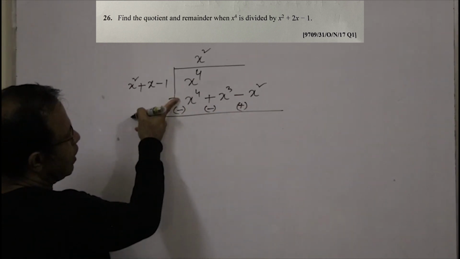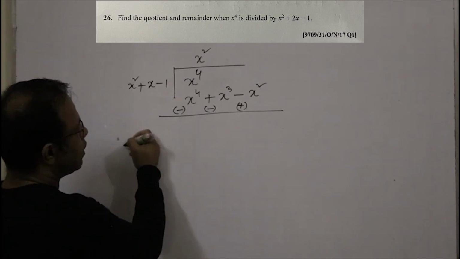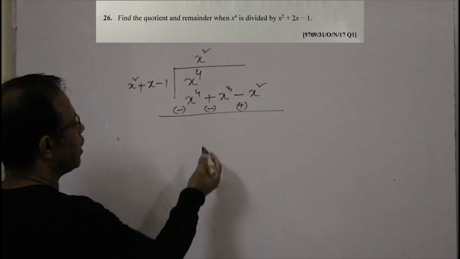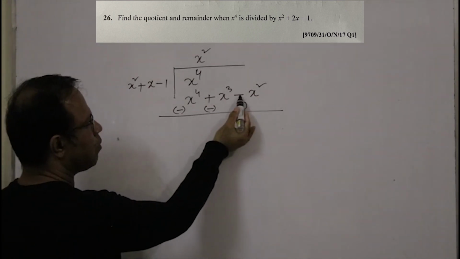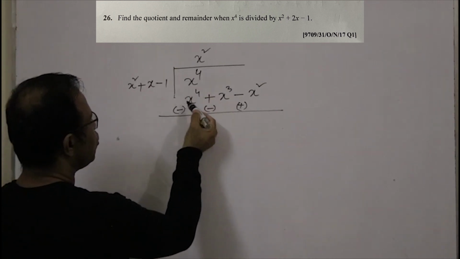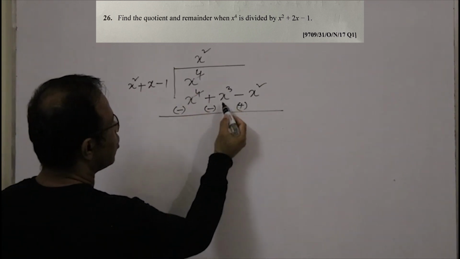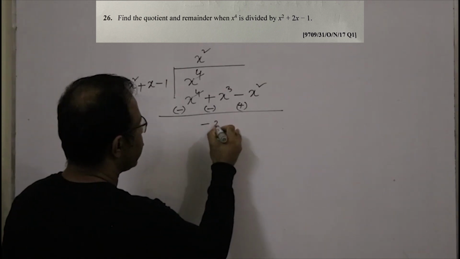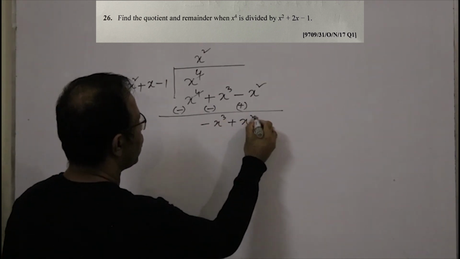Here is a plus, we put a negative sign, and here is a minus, we put a positive sign. Now these two terms cancel. We write with the new sign minus 2x cubed plus x squared.